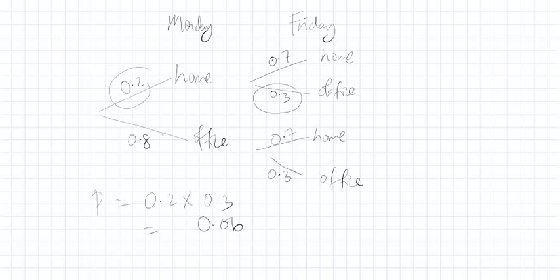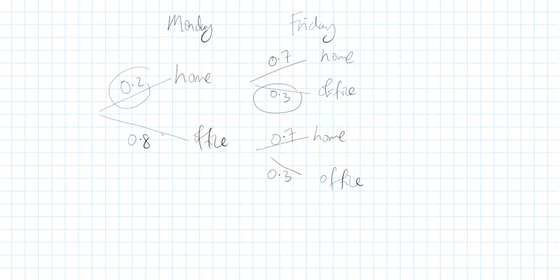Okay, let me give you another question just to check how much you've understood. This is a tree diagram with probabilities, and we've worked out one of the probabilities already. Let me give you another one.